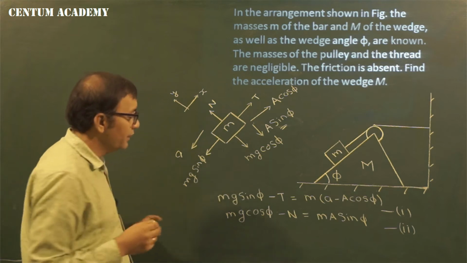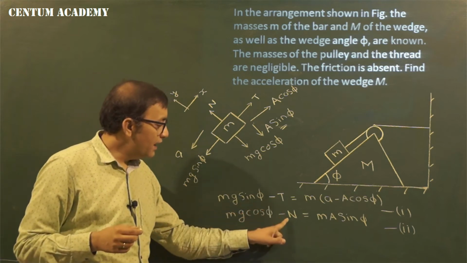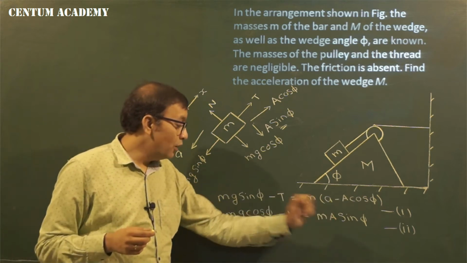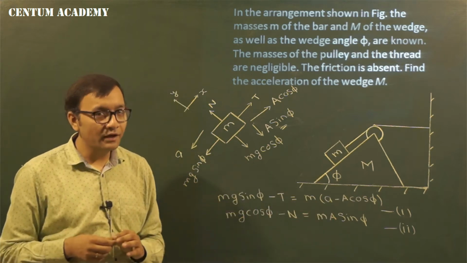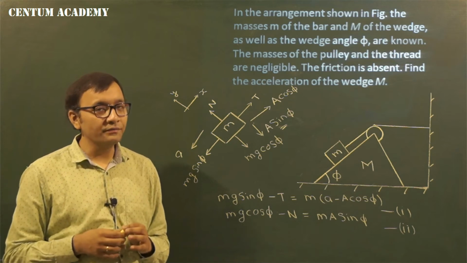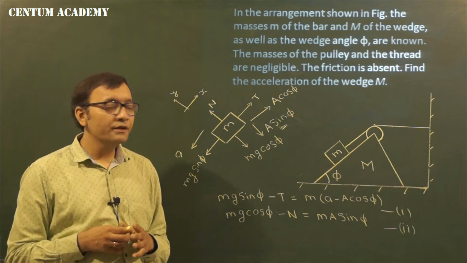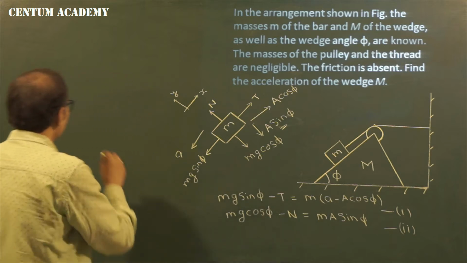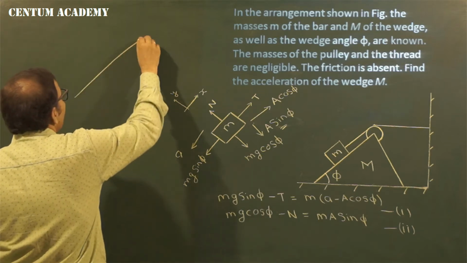So how many variables do we have right now? We have T, N, and A, and small a also. So we have 4 variables right now. I need 2 more equations. From where can I get 2 more equations? From the wedge. Okay. So let us draw the free body diagram of the wedge.